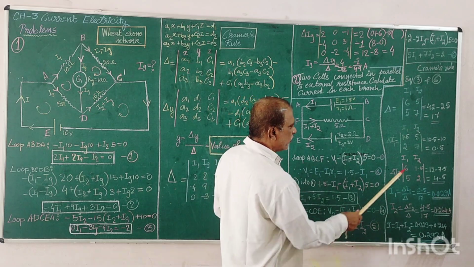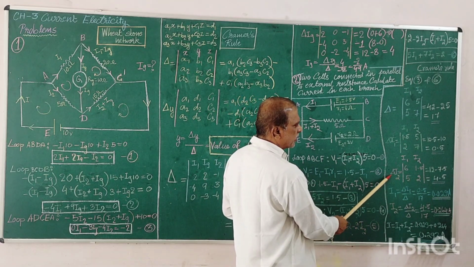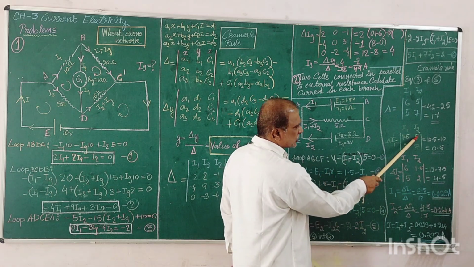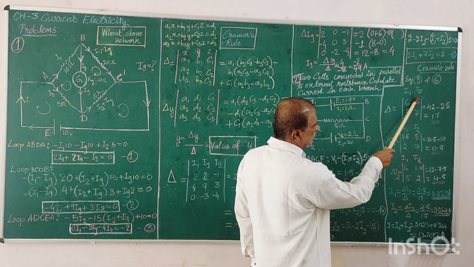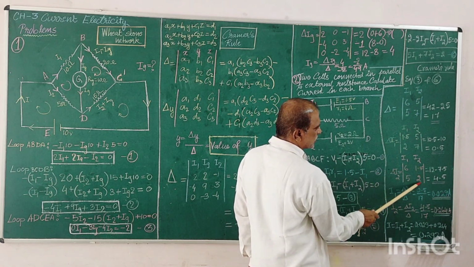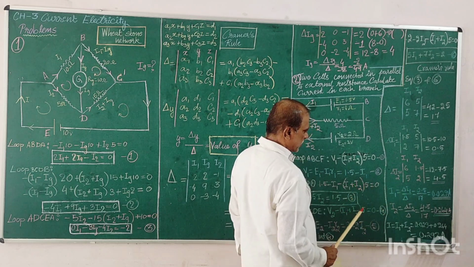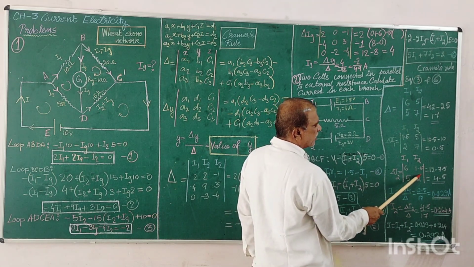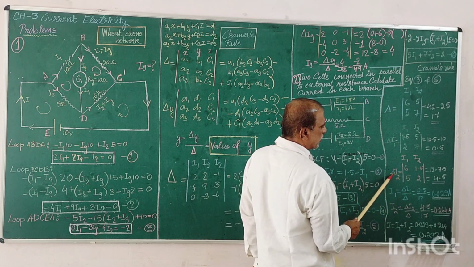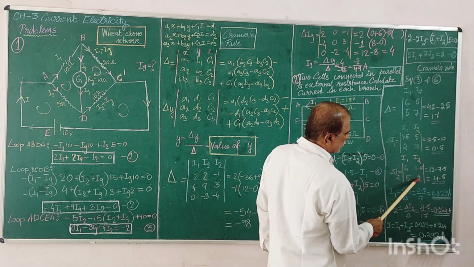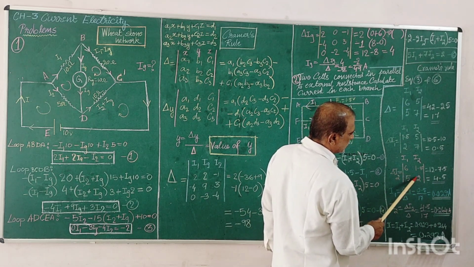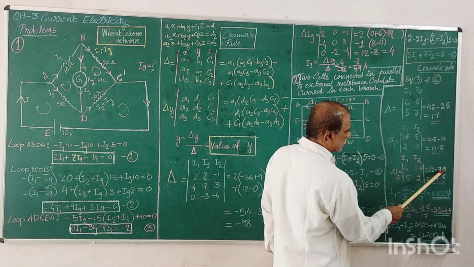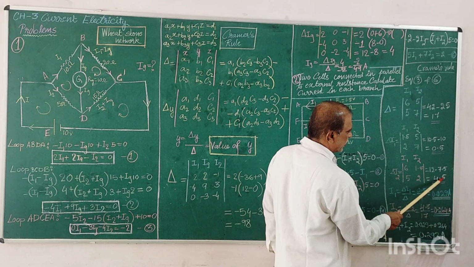To find the value of I2, find the determinant, delta I2. Take the same matrix and replace this column by the same constants. Find the determinant, delta I2: the product of this minus the product of these two is 4.5.